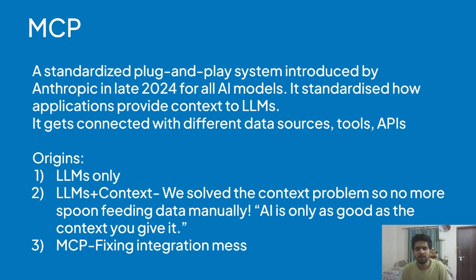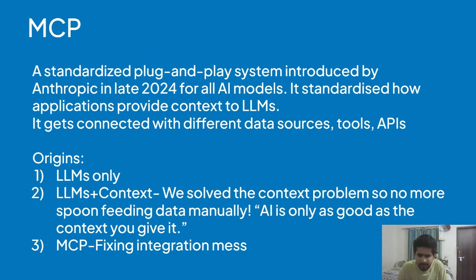First, there were only LLMs, like you can say GPT when it was launched. They were just pre-trained decoder models, and they were having the massive data set of the entire internet, the books, and everything.